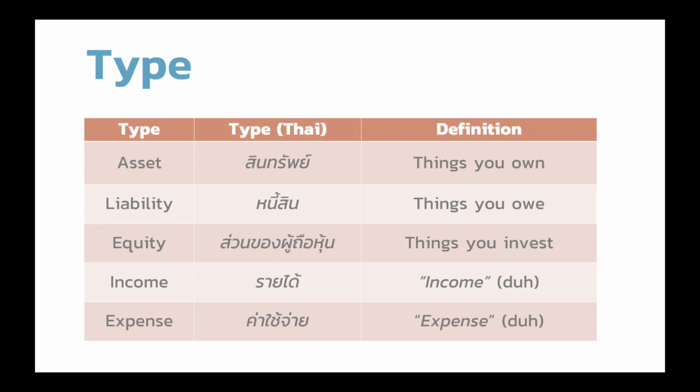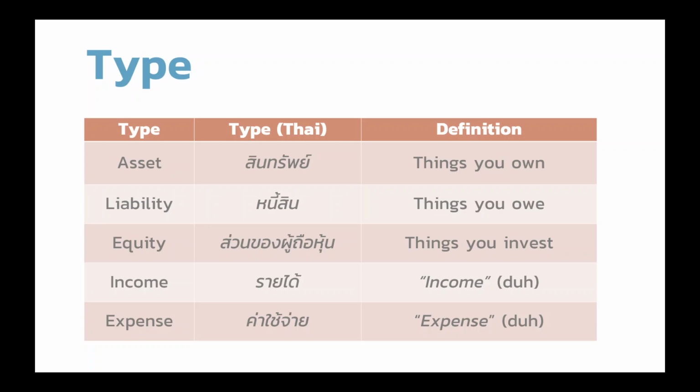In terms of accounting, we divide accounts into 5 types. The first one is assets. In Thai, it's ทรัพย์สิน. It's the things you own, like your cash. But you can also own debt. If somebody has to pay you something, that is also an asset, ก็คือเป็นเจ้าหนี้, you can be a creditor.